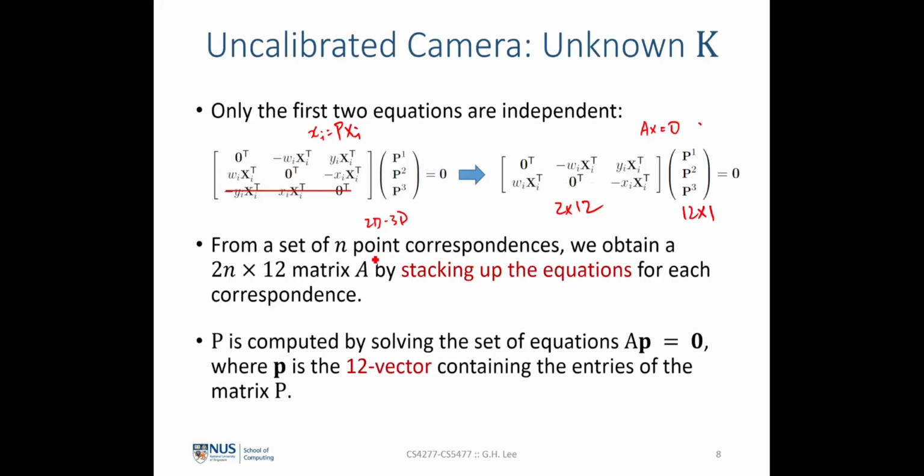And given n of these 2D to 3D point correspondences, we'll end up with 2n constraints that can be used to form a 2n by 12 matrix, which we call A. And this together with the 12 by 1 vector forms a homogeneous linear equation of AP equals 0, where all the entries in the matrix A are known, and the only unknowns in this particular case are the 12 entries in our P vector over here.